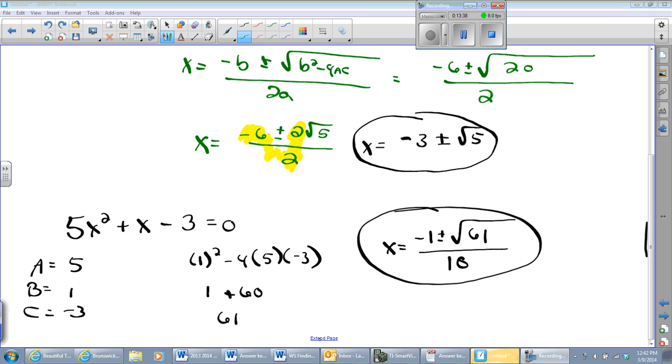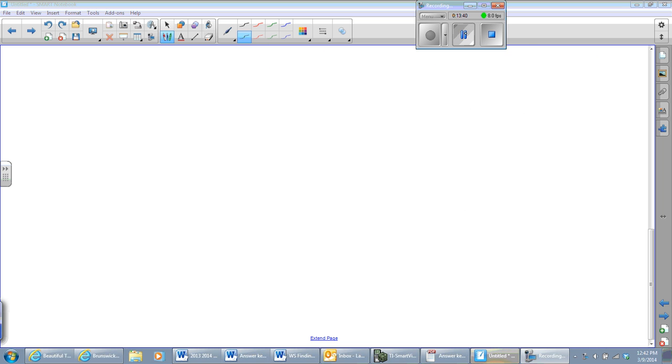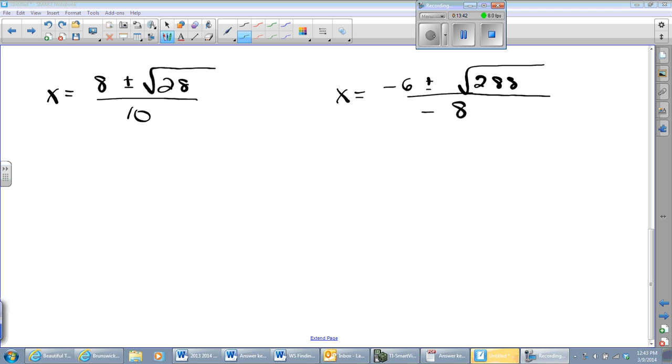Okay? What if it looked like a couple of these? So here we have 2 cases where I've already given you the solution, but they're not simplified. So we're going to simplify this rad 28. So we're going to have 8 plus or minus, and let me see, rad 28, I think it's 4 times 7. I get a pair for a date, and so we're going to get 2 rad 7. That'll be over 10.